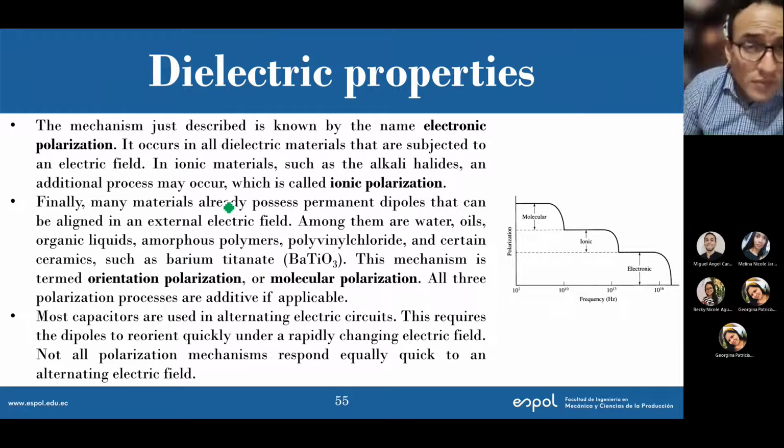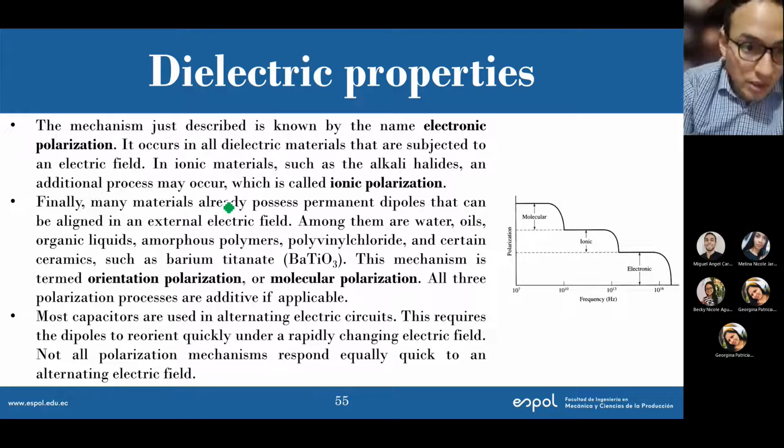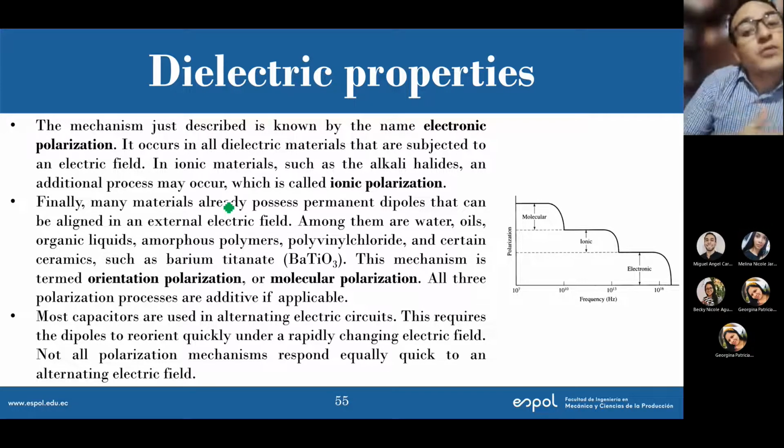Okay? And then you have another type of dielectrics that, other than having electronic polarization because of an external electric field, already possess permanent dipoles from their actual structure. They are, for example, water, oils, organic liquids, amorphous polymers, and one that you might remember from your ceramics course, barium titanate.